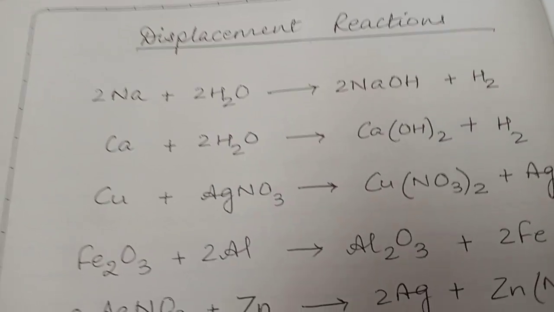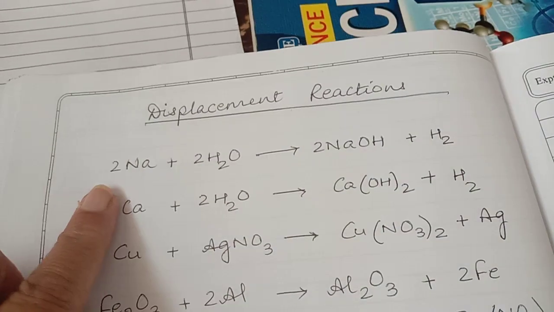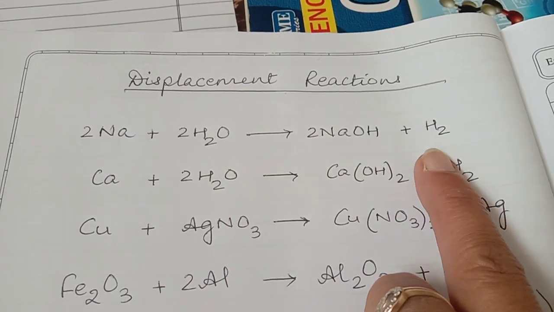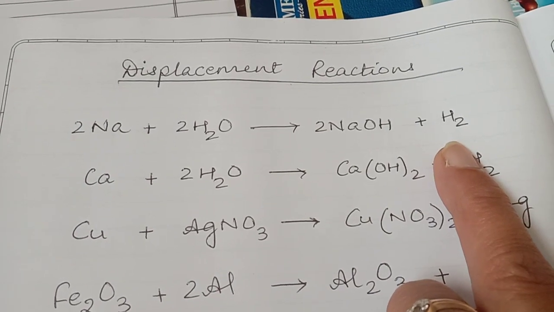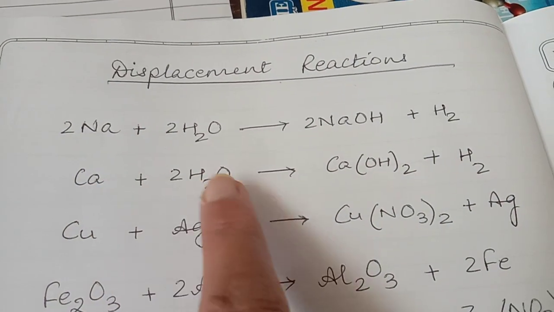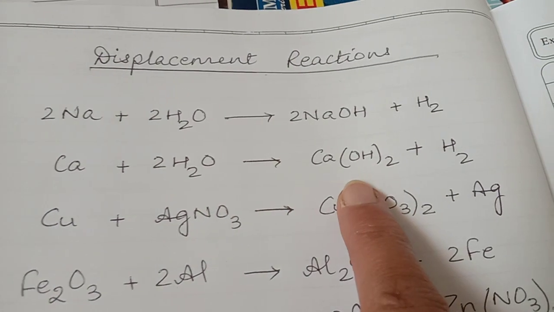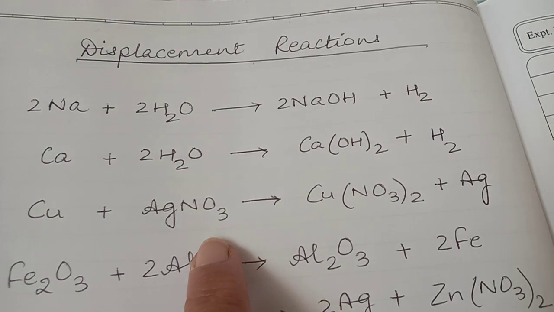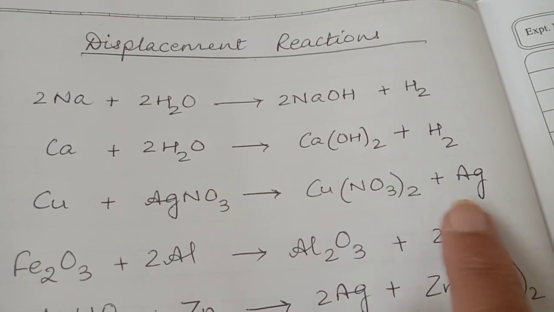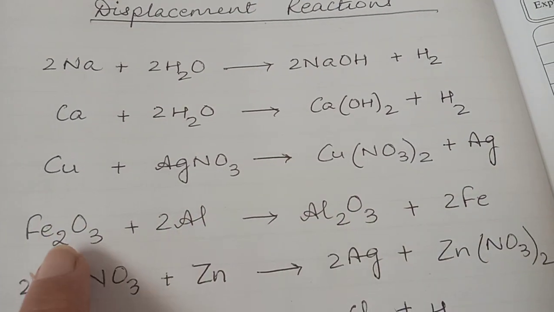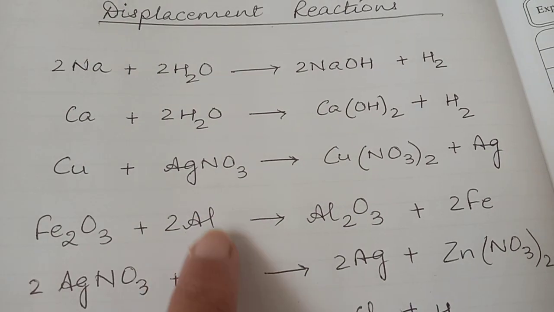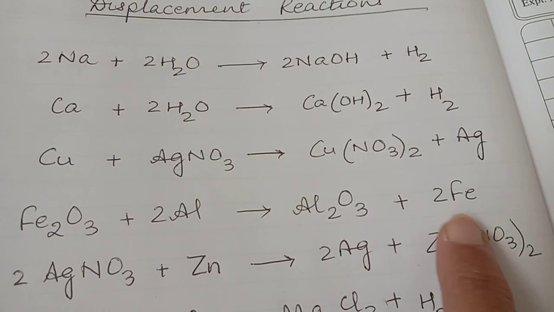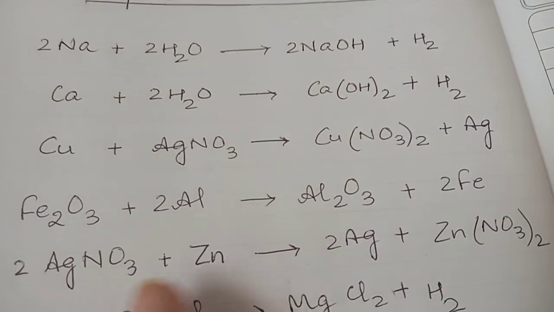Some more examples of displacement reactions. Number 1, sodium reacts with water to form sodium hydroxide and hydrogen. Hydrogen has been removed. Calcium plus water gives calcium hydroxide plus hydrogen. Copper and silver nitrate give copper nitrate and silver. Ferric oxide and aluminium give aluminium oxide and iron.